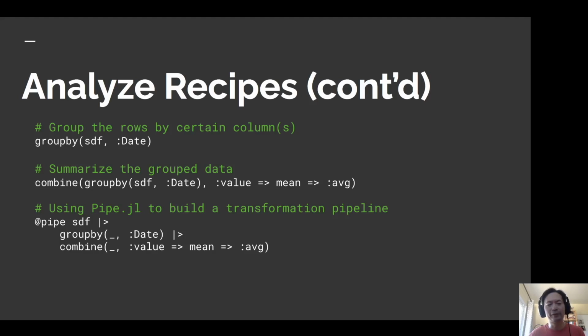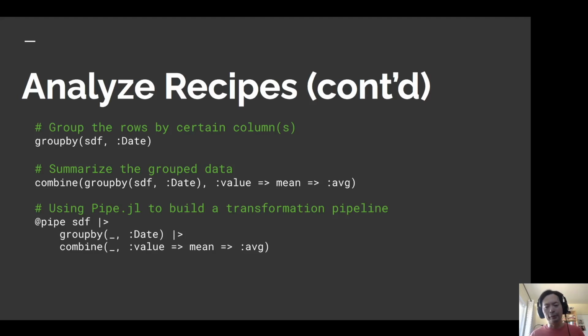So in this case, the SDF data frame, because it's just an expression, will be passed as the first argument of the group by function, because you can see an underscore over there. And then the result of the group by function will be passed into the first argument of the combine function, where you see the underscore.